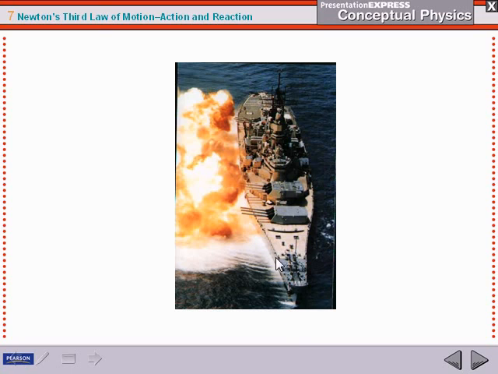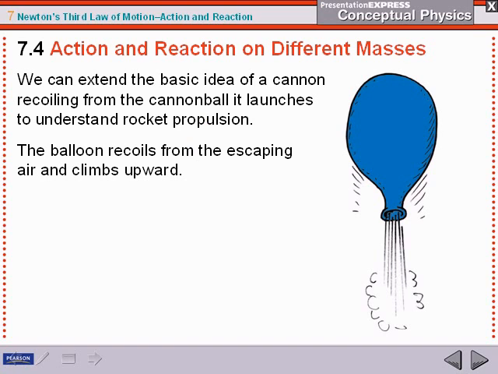And you can see the boat actually is being pushed to its port side, and you can see the shells are going off to the left in the picture, and the ship is being pushed off to the right in the picture. And that's a massive ship.